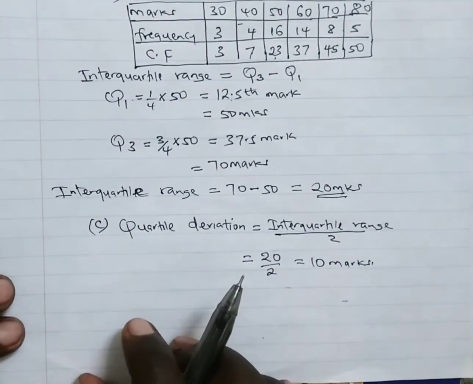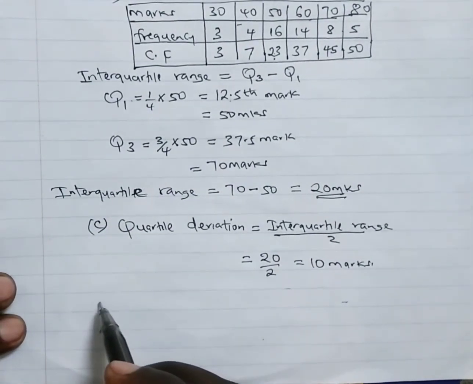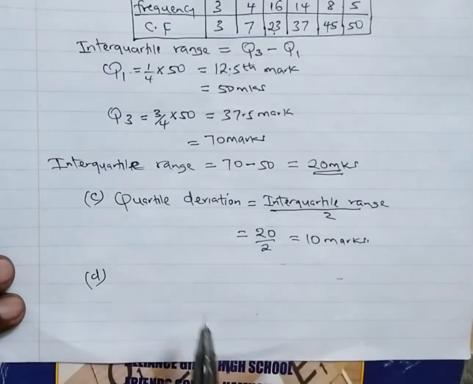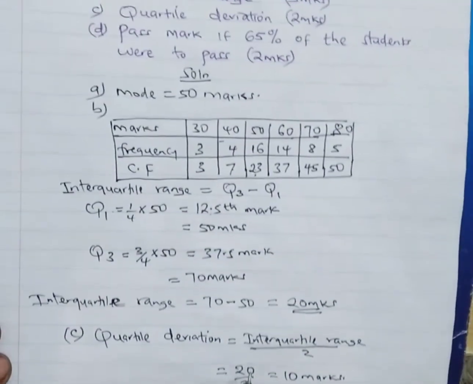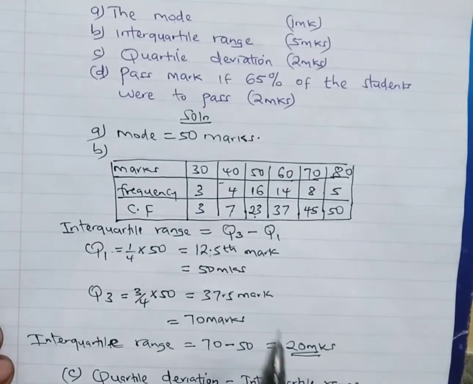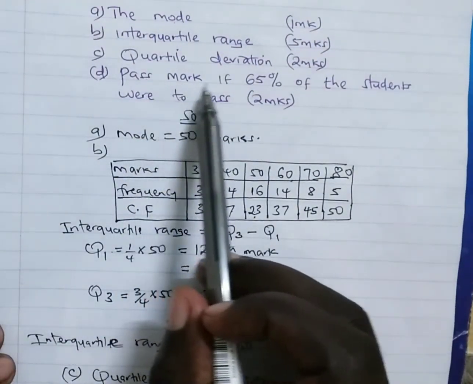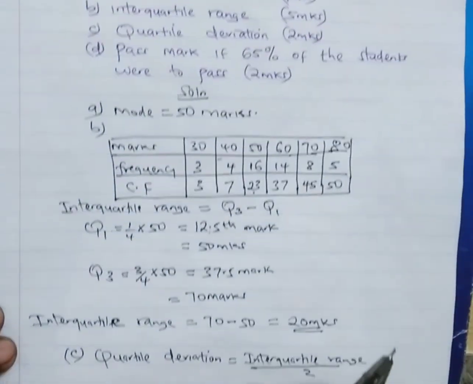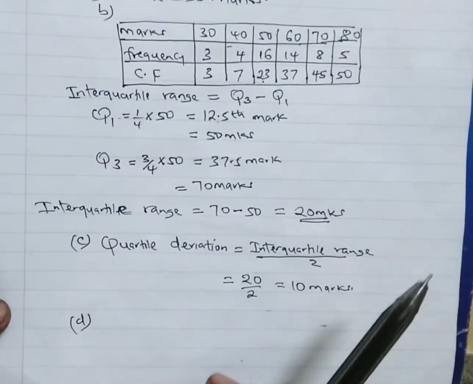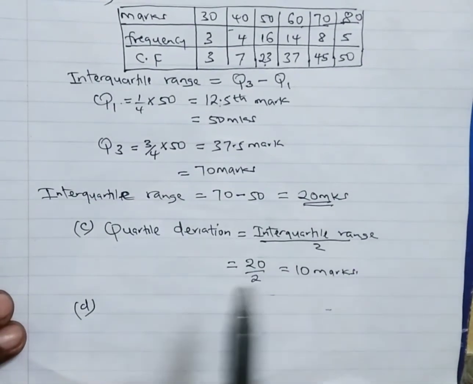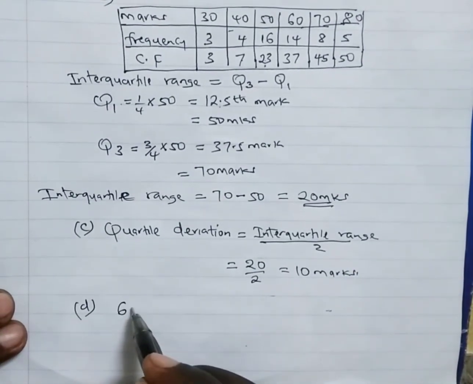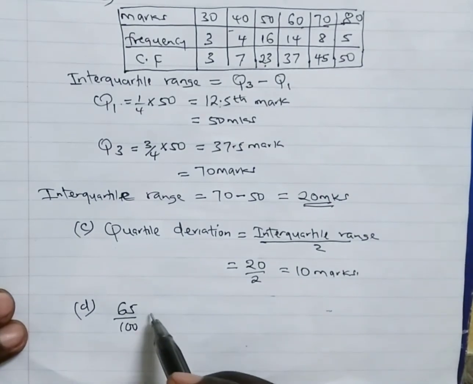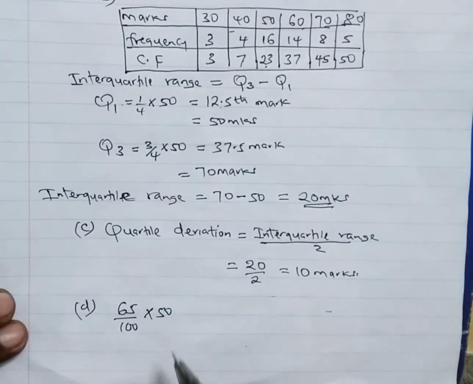Then we go to part D, where we are supposed to calculate the pass mark. That is, determine the pass mark if 65% of the students were to pass. What we are going to do here is calculate 65% of the total number of students, that is 65% of 50.